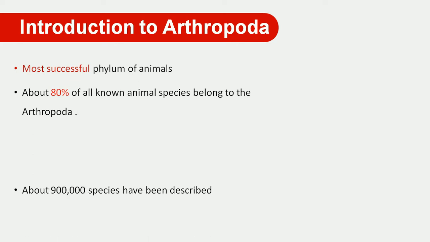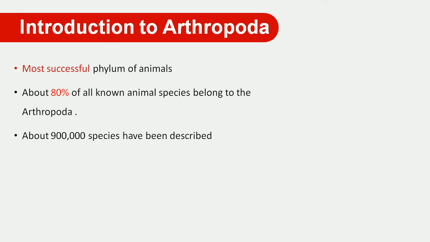In this phylum, about 9 lakh species have been described till today, and some new ones are coming as enthusiastic people go through research and find new species in the phylum Arthropoda.